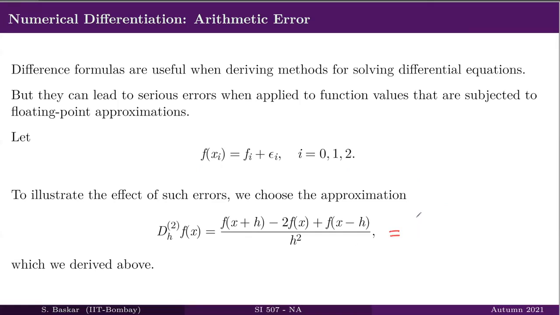We will just use the notation f of x2 minus 2 times f of x1 plus f of x0 divided by h square. Ideally, we should also assume that there are some floating point approximations in the value of h, x0, x1, and x2. But for the sake of simplicity, we will only assume that only the function values are approximately given, whereas the nodes and other parameters are handled exactly.